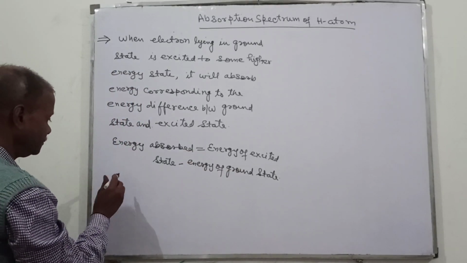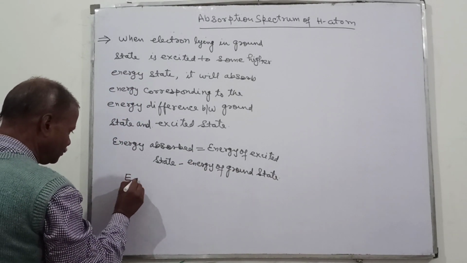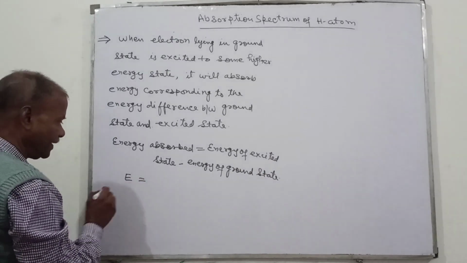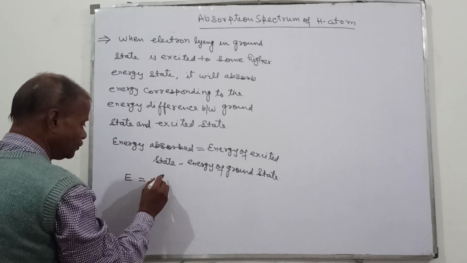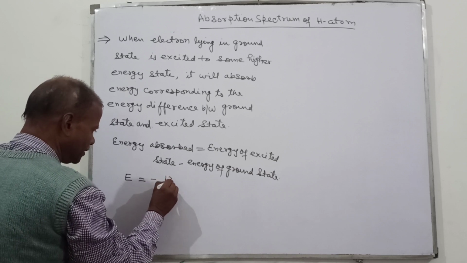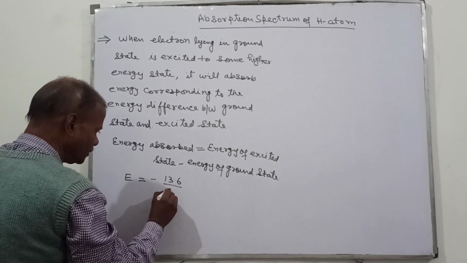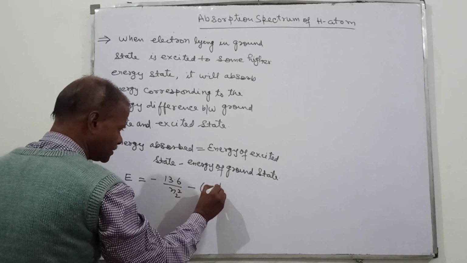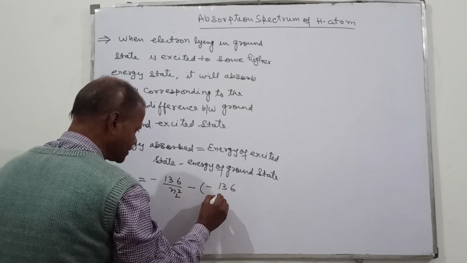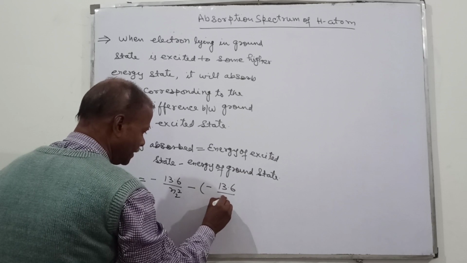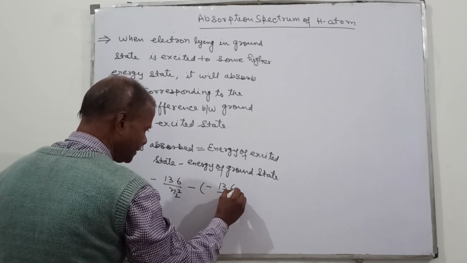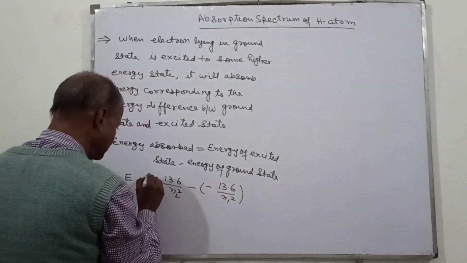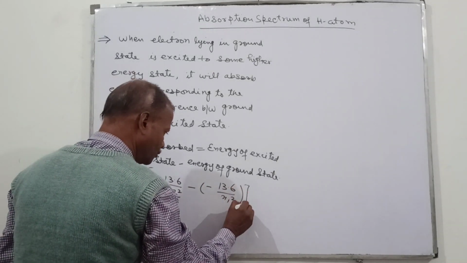So E equals minus 13.6 upon n2 squared minus, minus 13.6 upon n1 squared, so much electron volt.